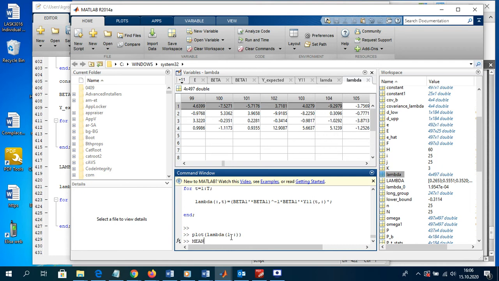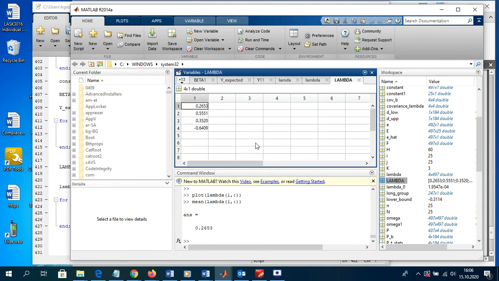So what's the mean? Let's take the mean of the first row. What is that? It's 0.2653. And this is exactly the same value that we have here. So it gives you basically the estimated average risk premium.